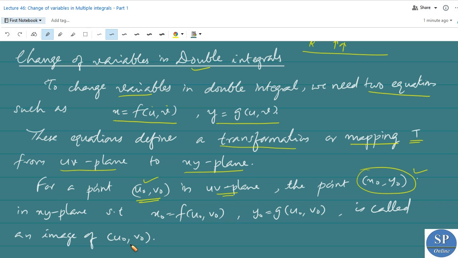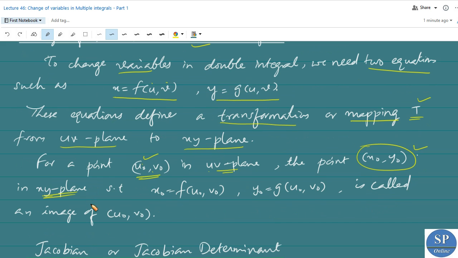That is, the image of a point u naught v naught is a point x naught y naught such that x naught equal to f of u naught v naught and y naught equal to g of u naught v naught, where u naught v naught is in the uv plane and x naught y naught is in the xy plane, because the transformation T is from the uv plane to the xy plane.